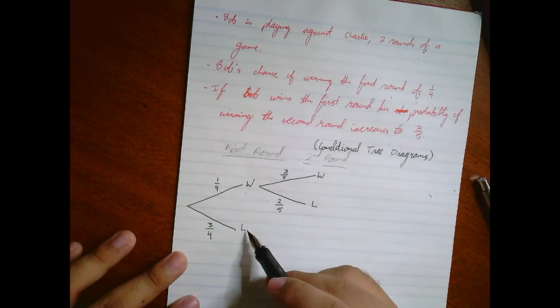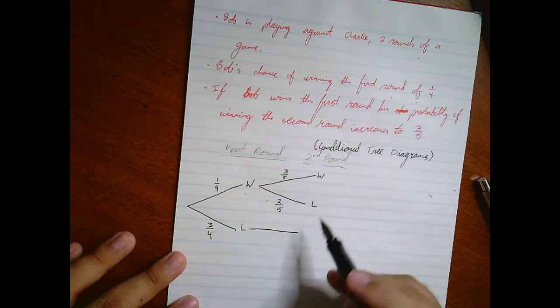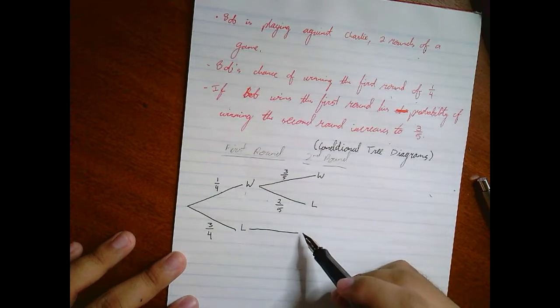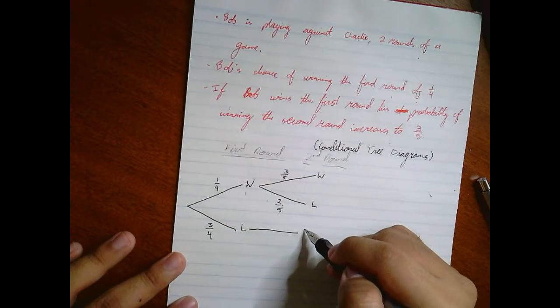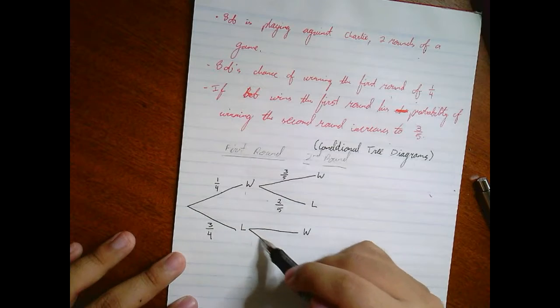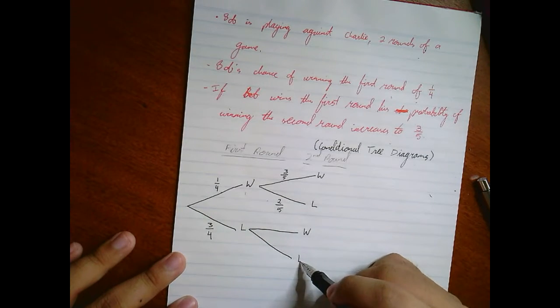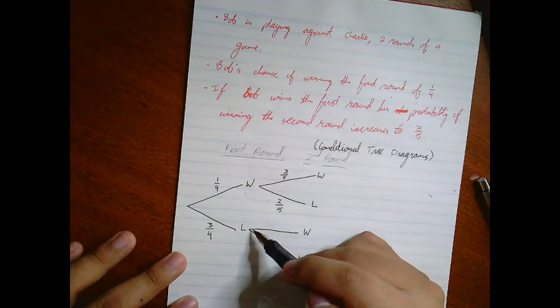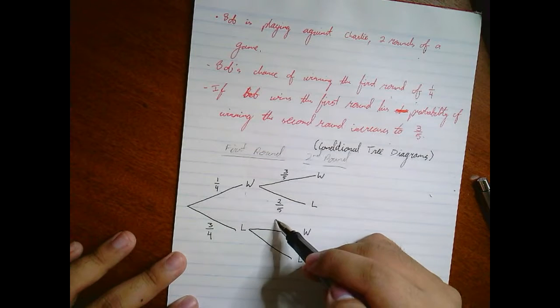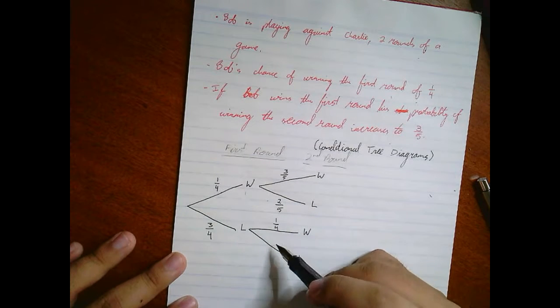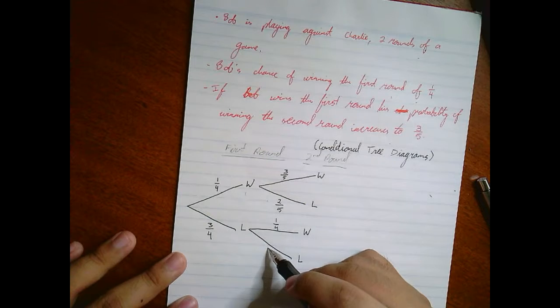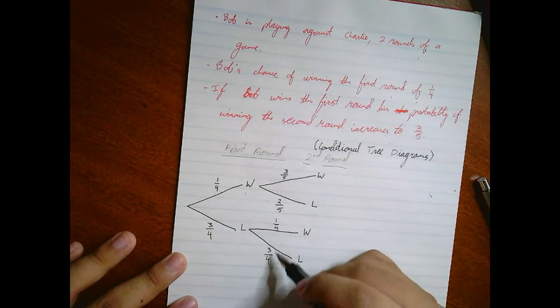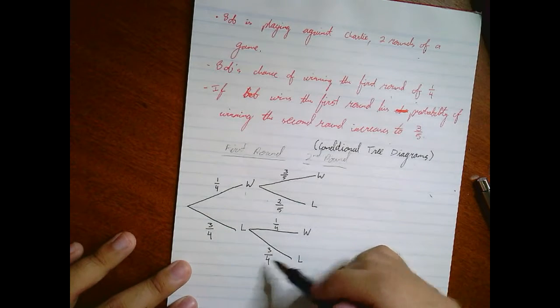And if he loses, however, it doesn't state what would happen. Let's just assume that it stays the same. He could either win or lose, but his probability stays the same. So his probability of winning is 1/4, and his probability of losing is 3, not 3, I was about to write 3/5, 3 out of 4.